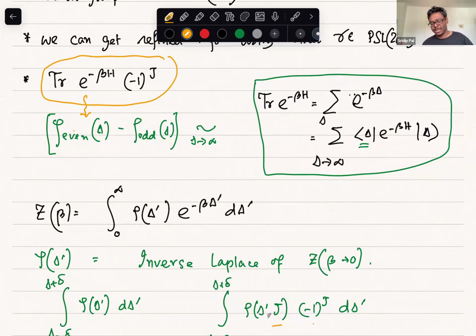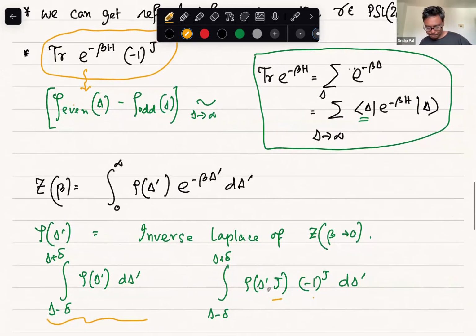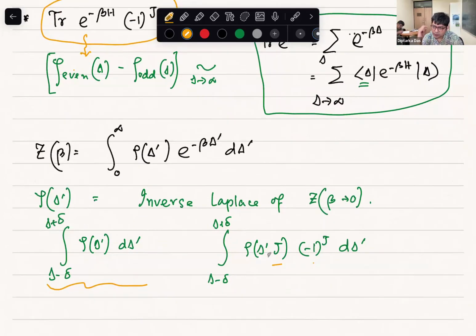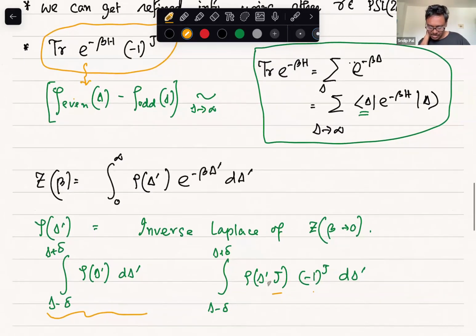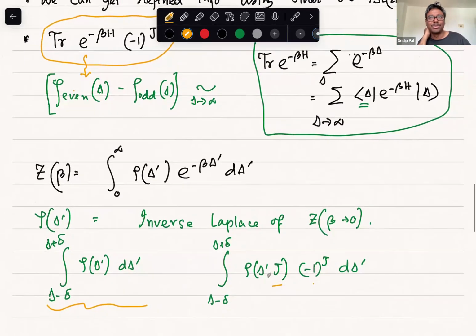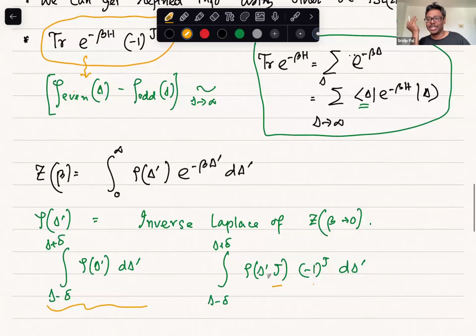When you go from canonical to microcanonical, there might be subtleties. But in 2D, this is settled. No, even in 2D, there can be subtleties. Yes, right. But these subtleties should not matter for irrational chaotic CFTs, where the spectrum is very, very dense.